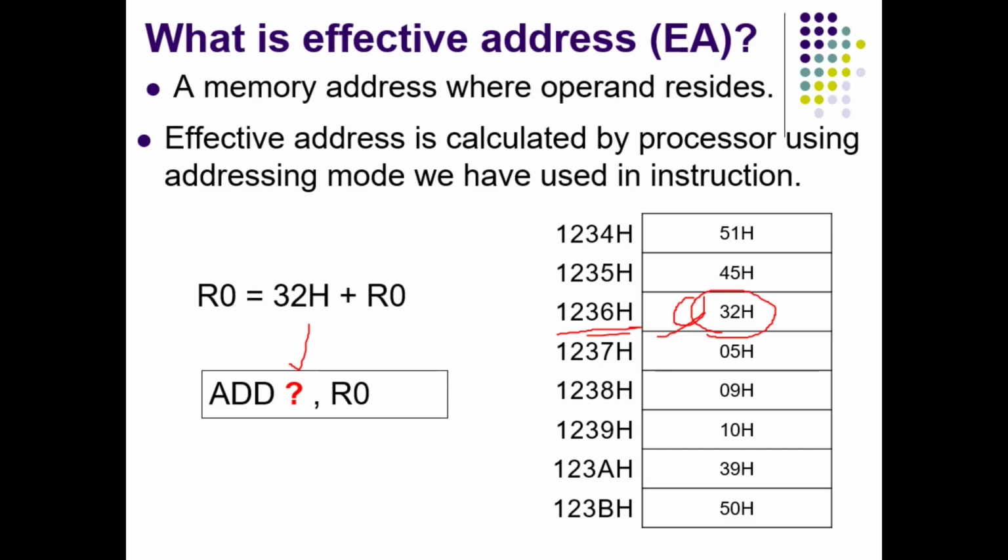If I have not mentioned the effective address 1236H directly, then I might have used some other addressing modes which do not allow me to mention the address directly. Indirectly I have mentioned it in some other way, which we study later. That time the processor has to interpret which addressing mode I have used and find the effective address. So the effective address is nothing but the actual address a programmer is referring to in memory in order to get the operand or store the data.